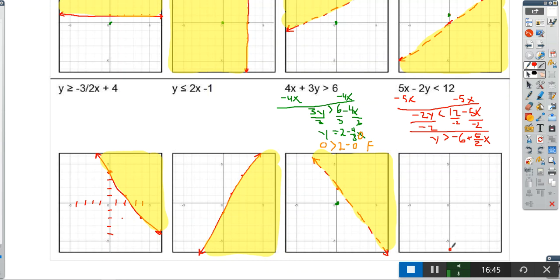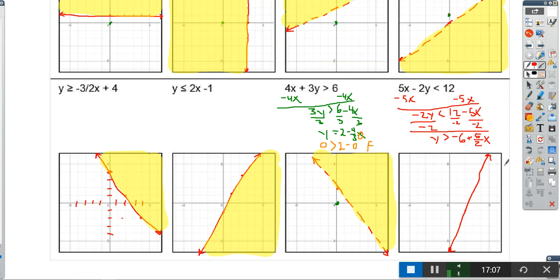So let's go up 5 because my slope has a rise of 5. 1, 2, 3, 4, 5 over 2, 1, 2. And then I can connect my dots.